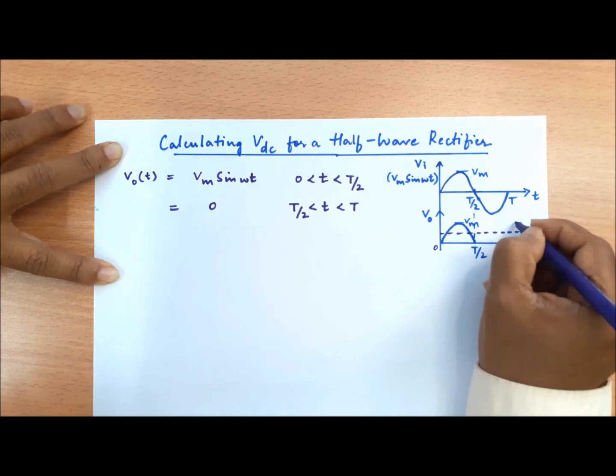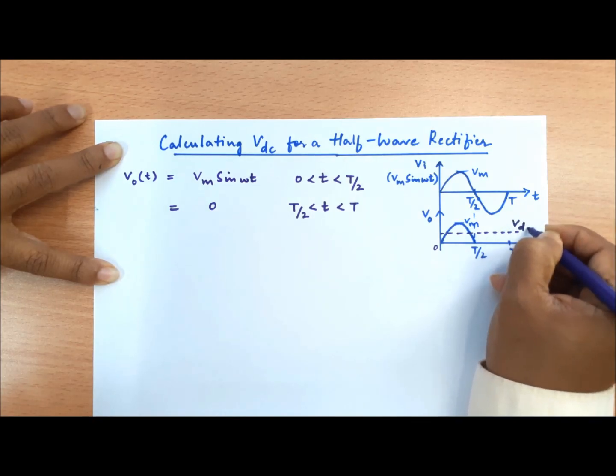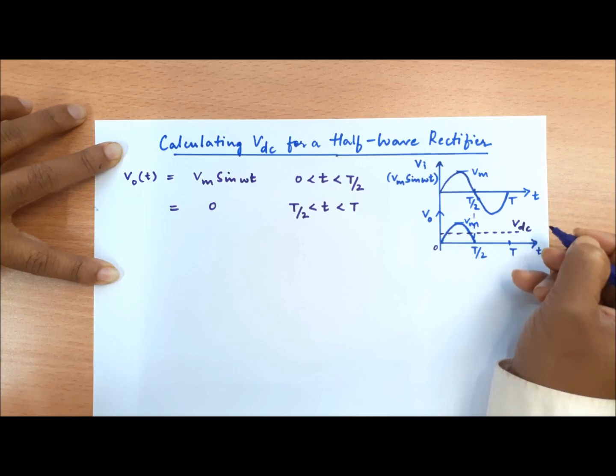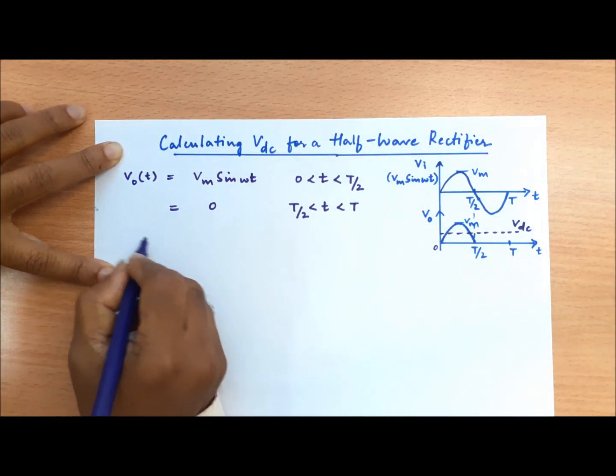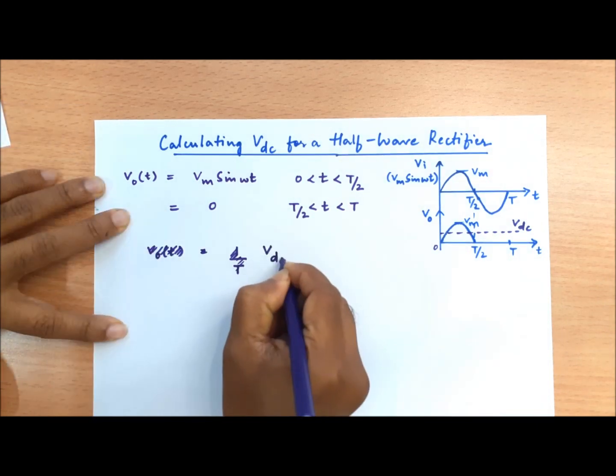Let me just express it as VDC. Please note that VDC is nothing but the average voltage appearing at the output side. Fine. So mathematically, if we start to derive it, this is how it goes.